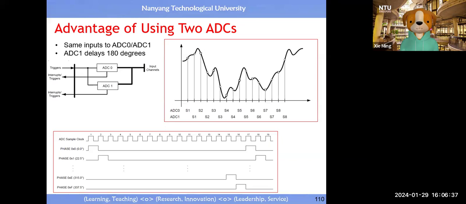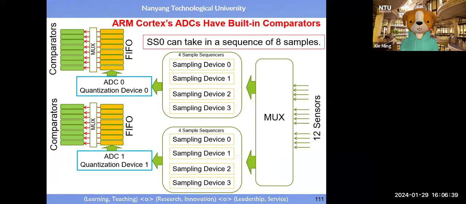So that way, it's a bit of a complication for you to use this built-in solution. Okay, so this helps you to know that you have a comparator. So each ADC, you have 2 ADCs, has 8 comparators, right? Why 8? Because you have in total 8 sampling devices, right? So the comparator is for you to compare with the upper limit and lower limit, clear?